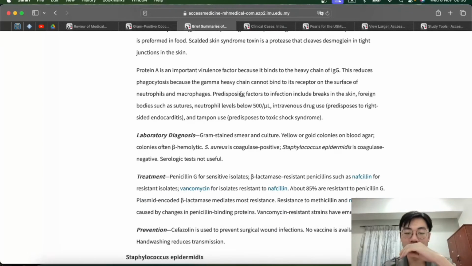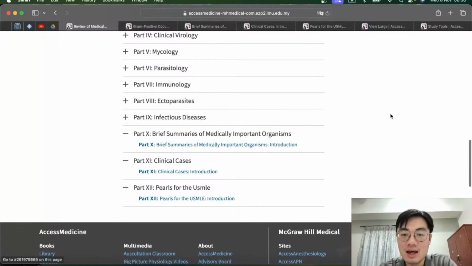So if you want to have like a revision session before exams, this will be very, very useful. Then other than that, this book also has this clinical cases section.